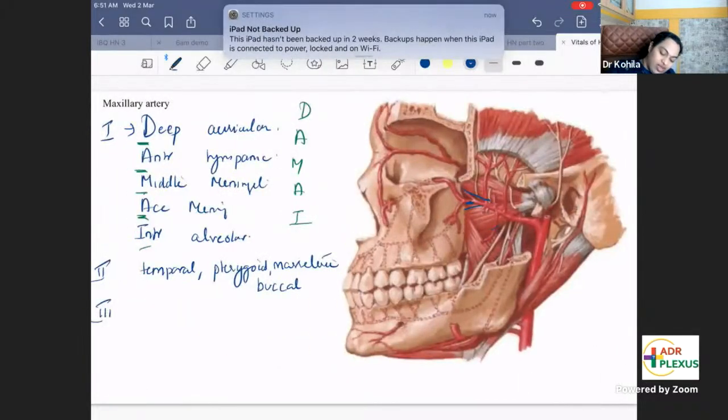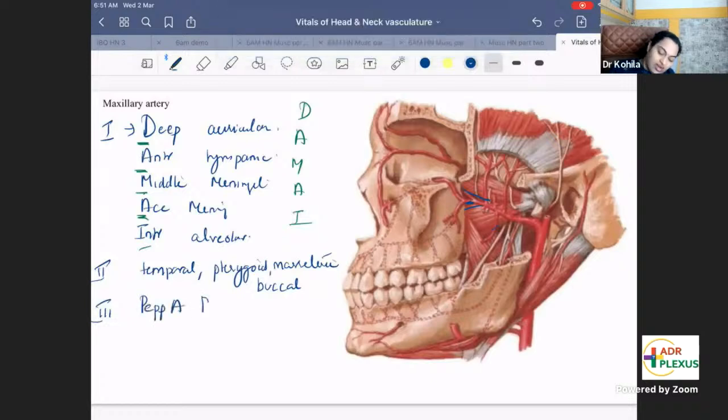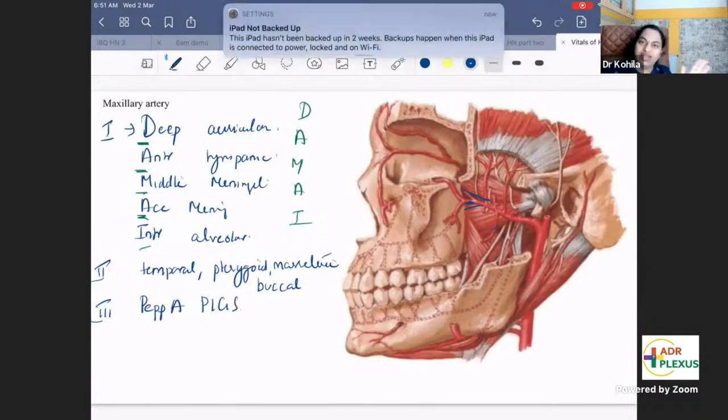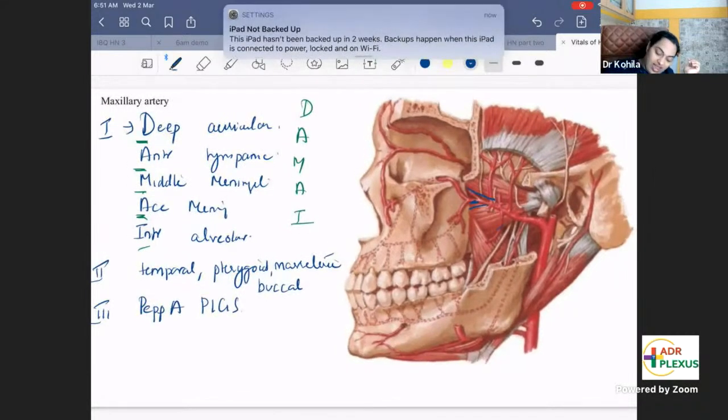Third part, the mnemonic is PIGS, I forgot to put a picture. Have you heard about Peppa Pig? If you have kids at home, you might know.